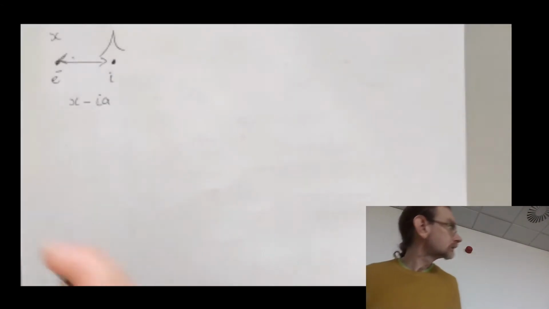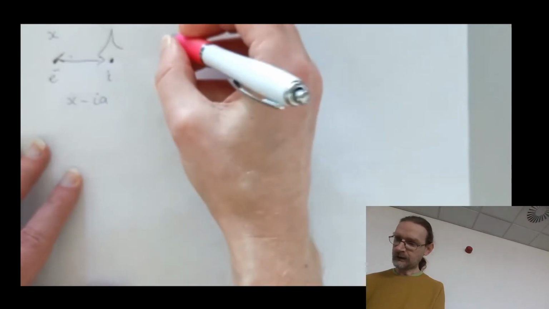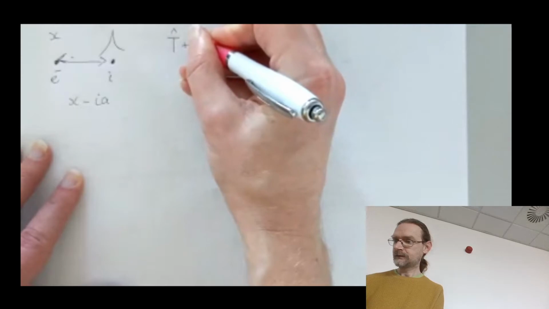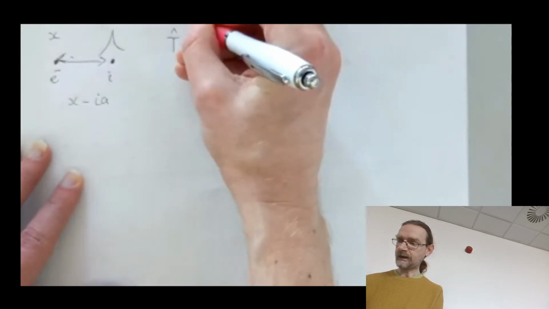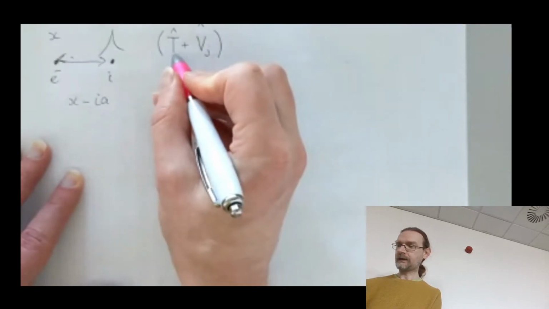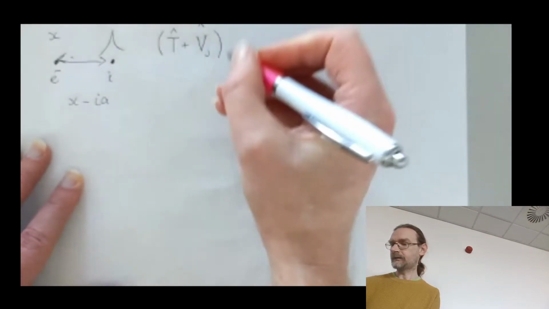If we've got the kinetic energy plus the interaction with nucleus J, this is our Schrödinger equation: the kinetic energy plus the potential energy of just a single atom.